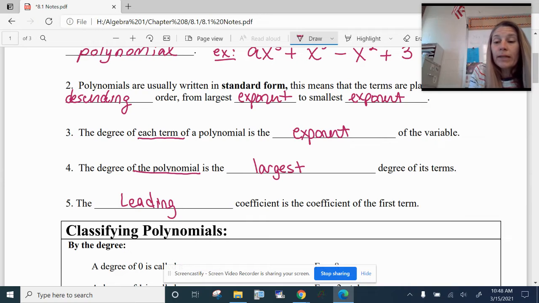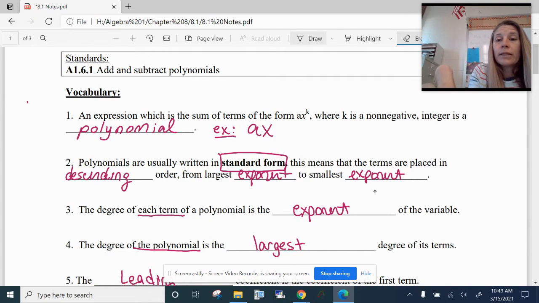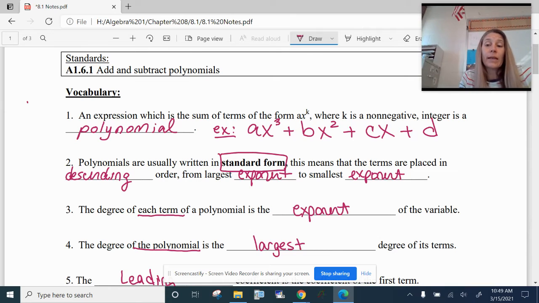So just to talk about that standard form for a minute, standard form would look something like this. If I were to put this one in standard form, we would have ax, let's say, cubed plus bx squared plus cx plus our constant, which would maybe be a d in that situation.